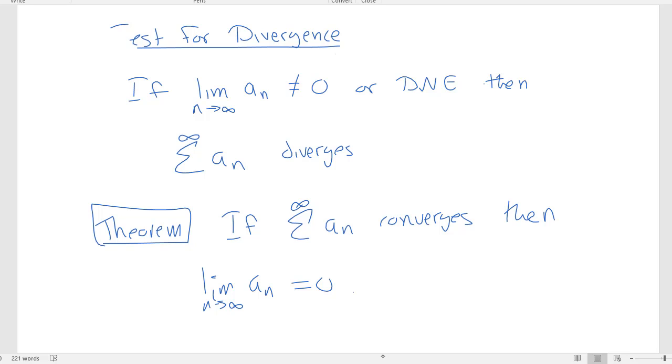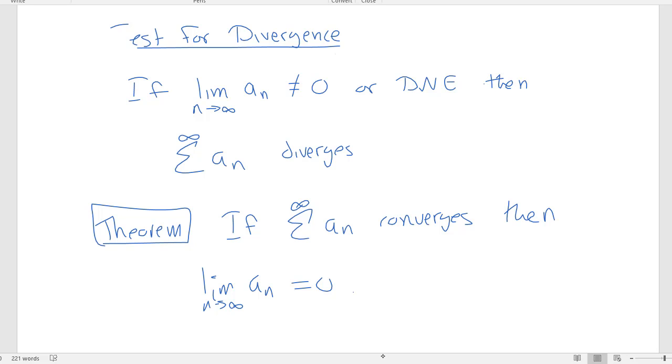Now again, in that worksheet, we saw two situations. One, the terms went to zero and the series converged. I think it was 1 over n cubed that we looked at. And the other, we looked at the sum of 1 over n. Those terms also went to zero, but that series diverged. So we always want to be careful here. Just because the terms go to zero doesn't guarantee convergence.